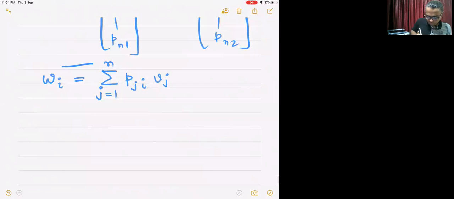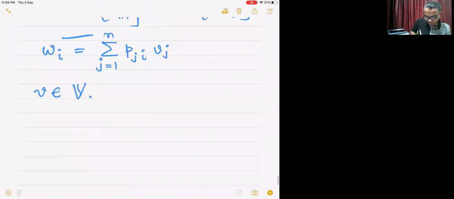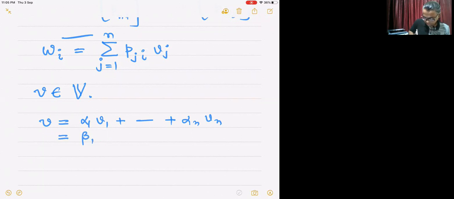Now, suppose V is an arbitrary vector in V. Suppose V is equal to, what should I write? Beta 1 W1 plus dot dot dot. Okay, let me do it this way, this will be easier. This is alpha 1 V1 plus dot dot dot up to alpha n Vn, because V1 up to Vn is a basis, and of course because W1 up to Wn is a basis, there is this expression also.